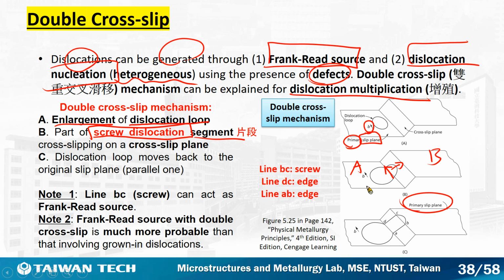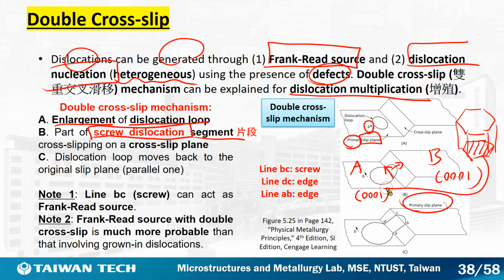For example, as we talked about in the previous slide, it could be, for example, 0001 for HCP. Draw it. 0001 for this one, 0001 for this one. Okay.